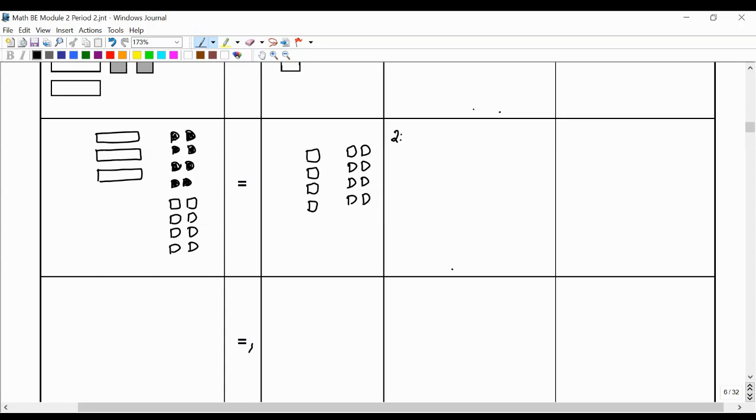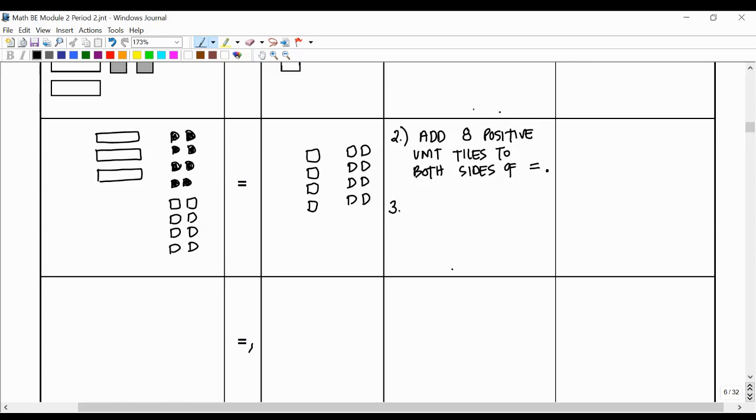So step 2 is add 8 positive unit tiles to both sides of the equation, where you can write out the word equation.